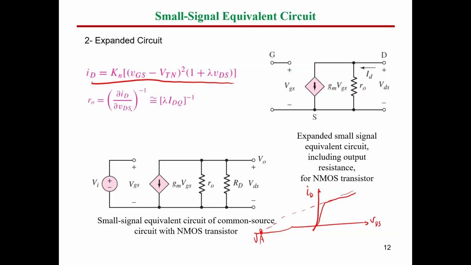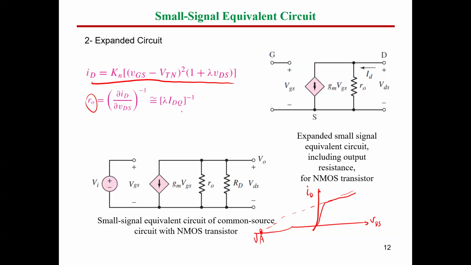By the end, lambda will be the remainder, so it's going to be lambda only times IDQ. So we can say R out equals 1 over lambda IDQ. So this is the value of the output resistance.